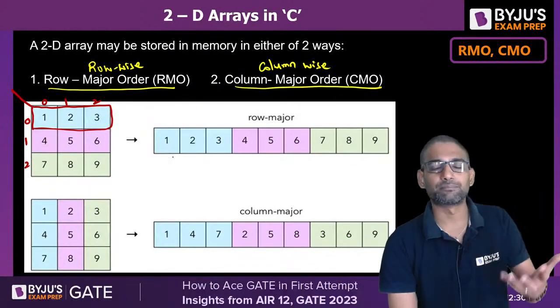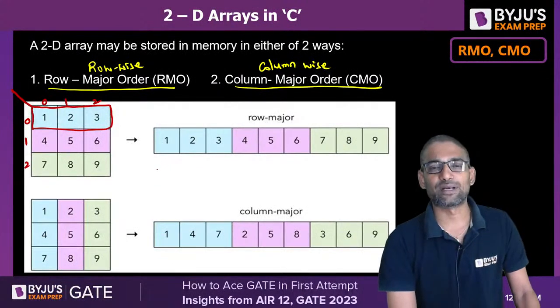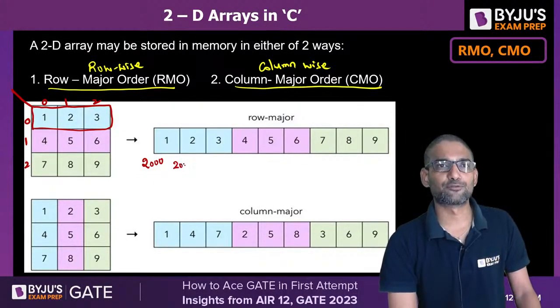As there are 9 elements, the required space for 9 elements is allocated, let us say from the address 2000. So the next element address is, let's say, 2004. I am assuming 4 bytes for one integer.